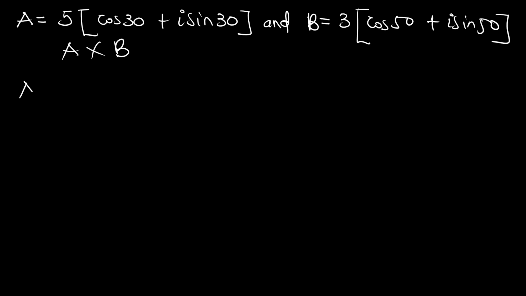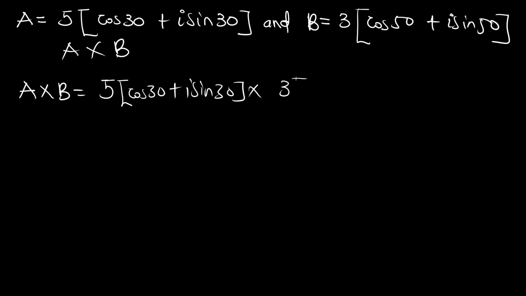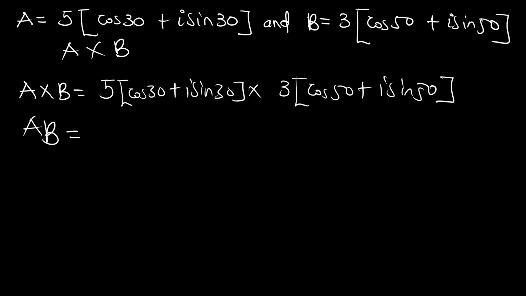So a times b is going to be 5 cos 30 plus i sine 30 times 3 cos 50 plus i sine 50. AB is going to give us, by the rule for multiplying complex numbers in the polar form, we multiply the moduli, so 5 times 3, then we add the arguments.